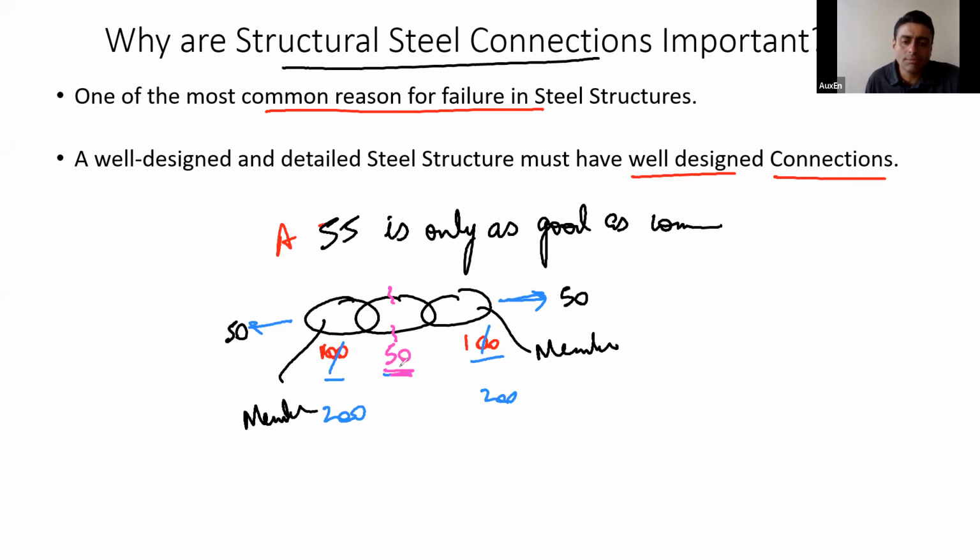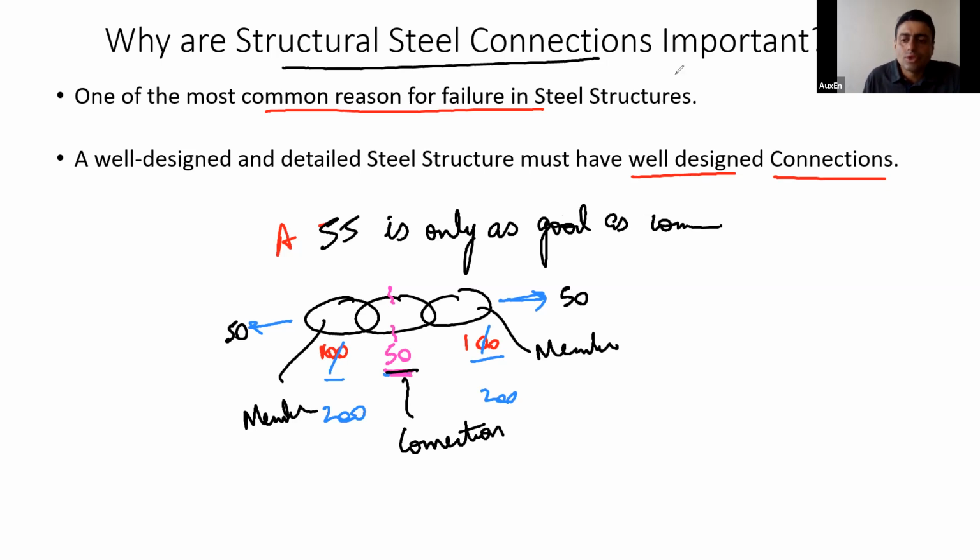But your connection was not properly designed. So where will the failure happen? Failure happens at the connection level. Is it understood? This is simple. So failure will happen at the connection level.